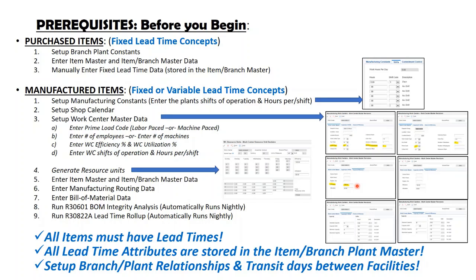Once we have those attributes set in the work center master, the last critical attribute in the work center is the work center's shifts of operations and hours per shift. In this example, these two work centers are flagged to run 8.5 hours and 1 shift per day.